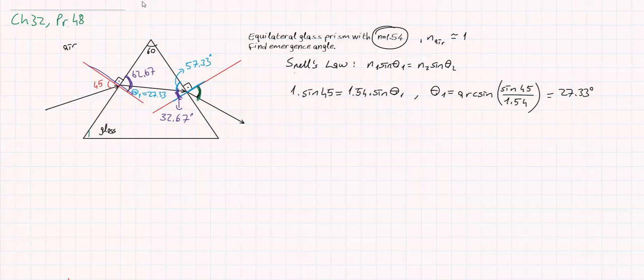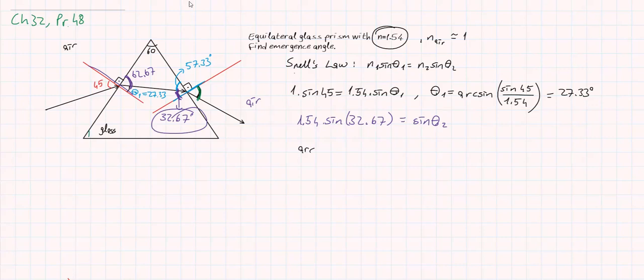So I will apply Snell's Law again. I will say, and glass, because the light is coming from glass, it's incident from the glass medium. It's 1.54 times sine of my incidence angle, 32.67, equals 1 times sine, let's say theta 2. I will not write 1, but I know that this is air. It comes out to air. Okay, I will not do anything complicated.